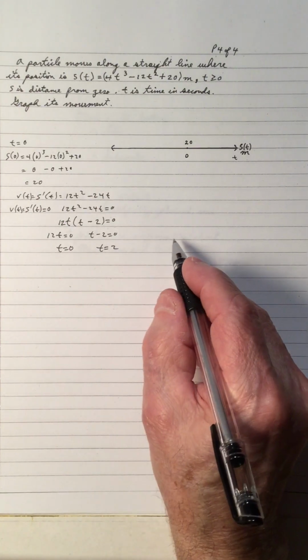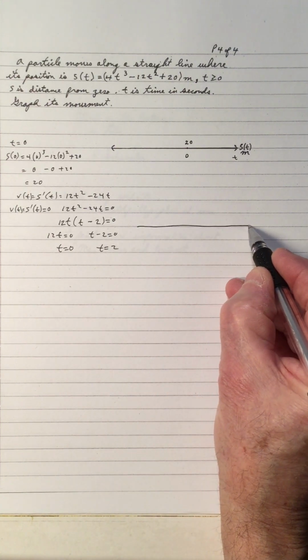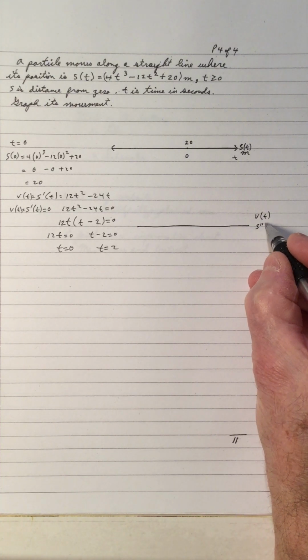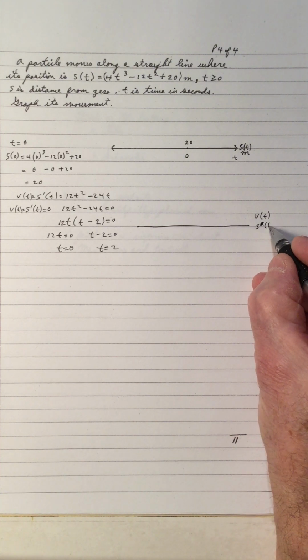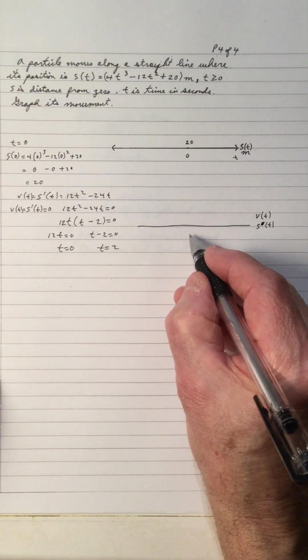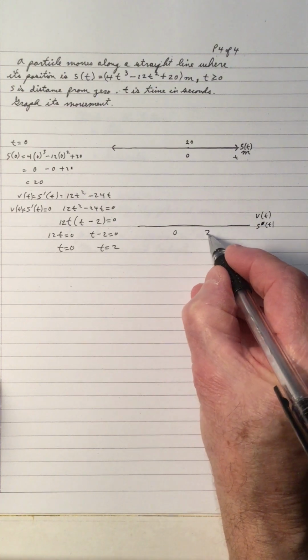So again, I'll draw a line to represent the velocity, v(t), and s double prime. Oh, not s double prime, just s prime. Double prime is acceleration. So we have 0 seconds and we have 2 seconds.